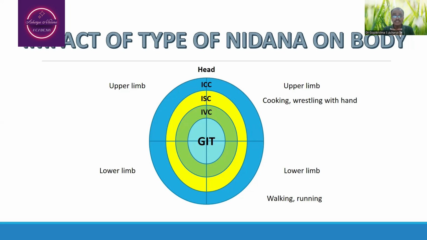Or if the person is doing wrestling with the upper limbs, then the pathogens start entering from the alimentary canal into the upper limb, because with excessive movement the blood circulation increases in that particular part of the body. That is the reason. So the impact of the Nidana is of high importance as far as the type of Nidana is concerned.